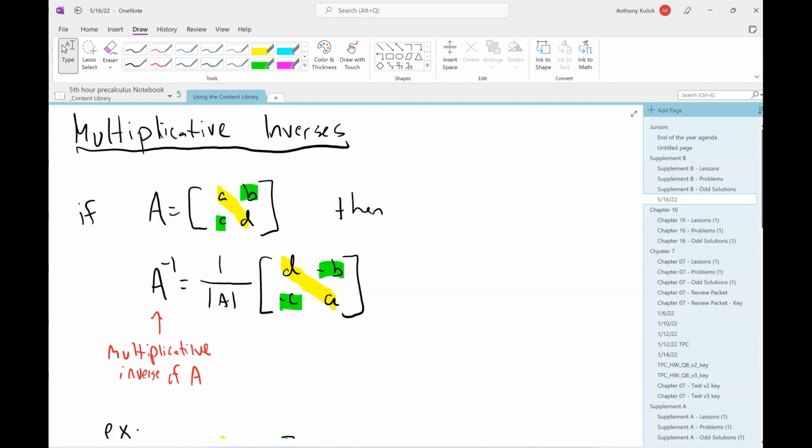The potential problem area is here. What value could that determinant have to get us into trouble? 0, right? So if our matrix has a 0 determinant, its inverse does not exist.